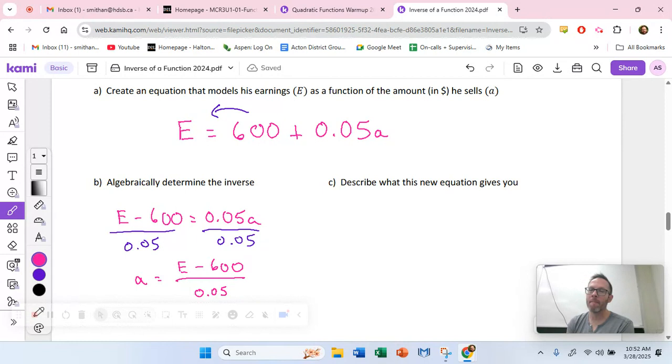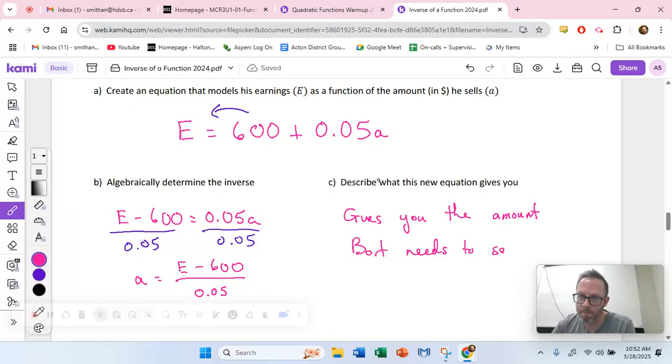They're both linear functions. And this one gives you the amount Bort needs to sell, which is a, to achieve certain earnings, e.